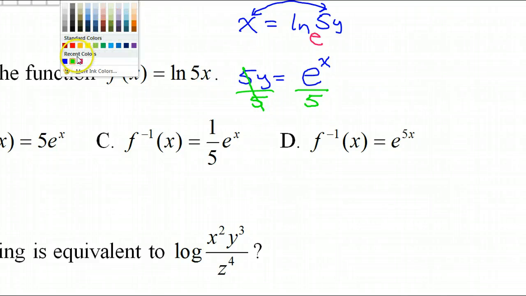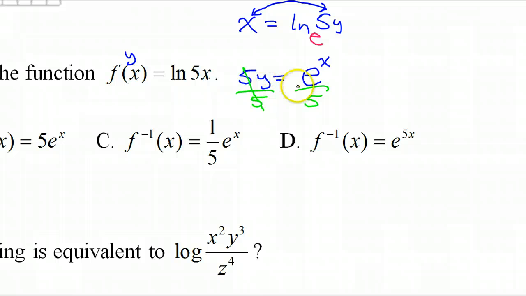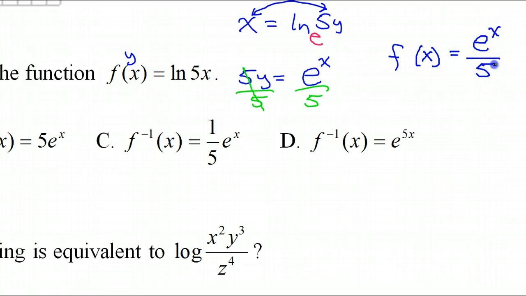So this is the answer: y equals e to the x power over 5. But since it's an f, we'll put the f back in. So f of x is equal to e to the x power over 5, but we'll make it the inverse by putting this minus 1 on it. So f inverse is e to the x power over 5.